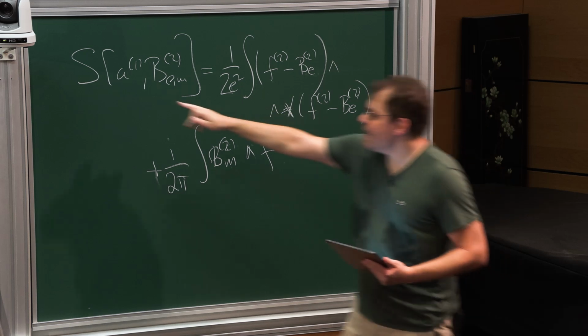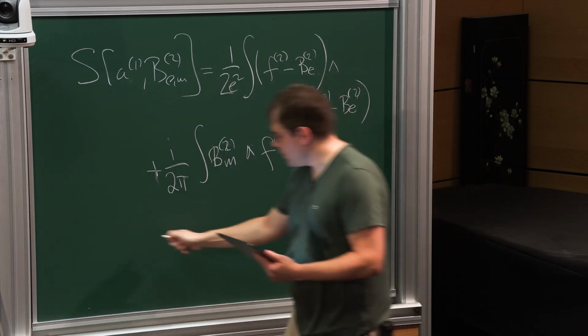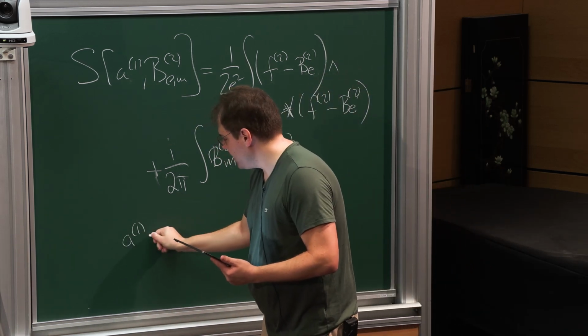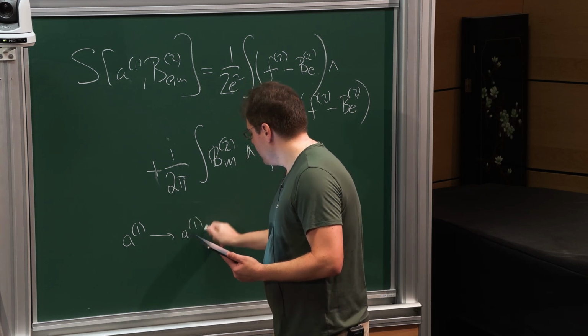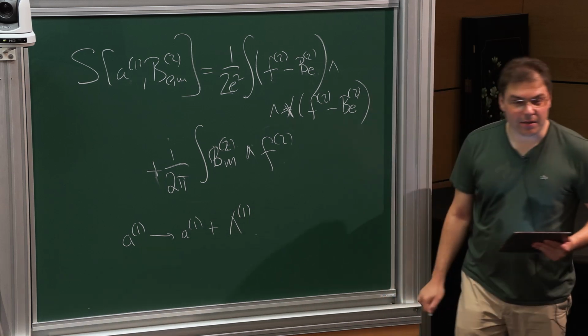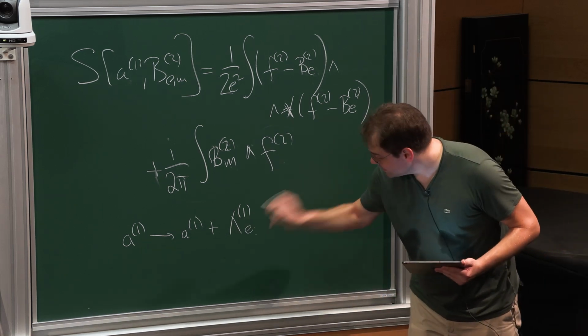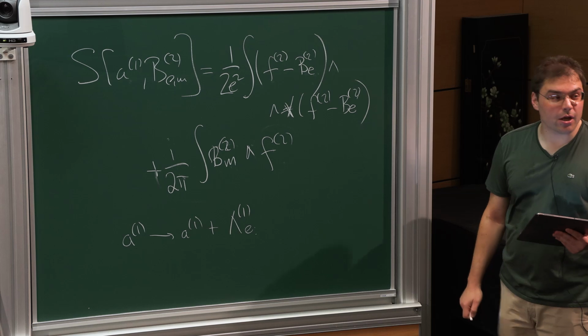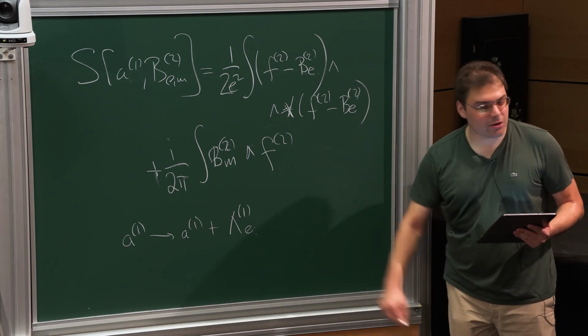So I claim that the correct transformation of A under these symmetries is as follows. You should take the electric U1 connection, and you should shift it by lambda 1 electric. It does not get acted on by lambda magnetic.